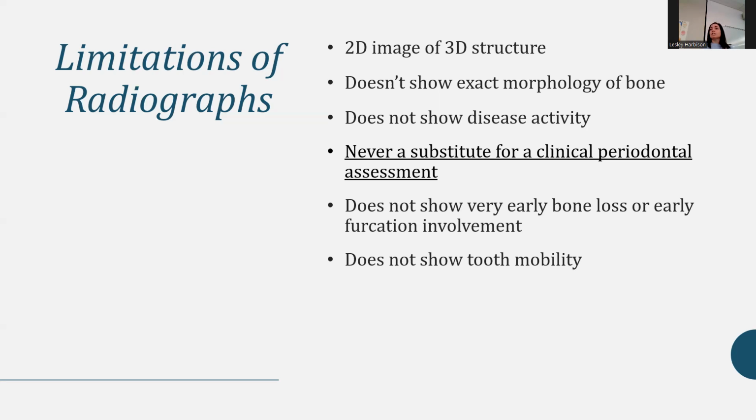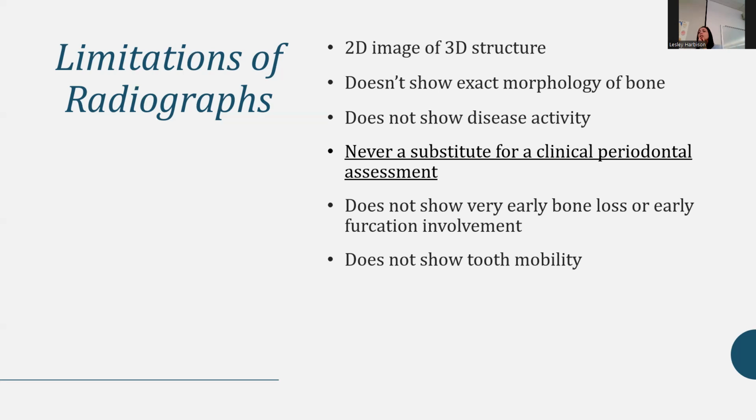And it's never a substitute for clinical periodontal assessment, because you have to have your perio charting, you have to look at the gingiva, describe the gingiva, see if there's bleeding, and take systemic factors and localized factors into consideration. So it's not a substitute, but it's a tool that you have to have. It's almost incomplete without the radiographs, really.